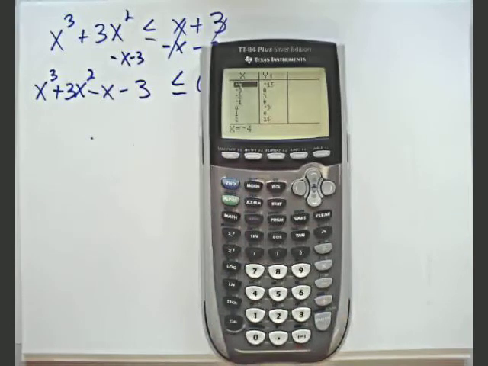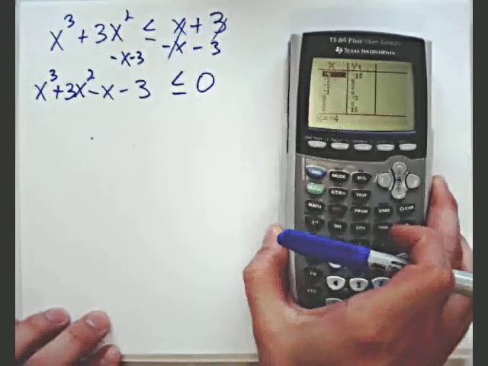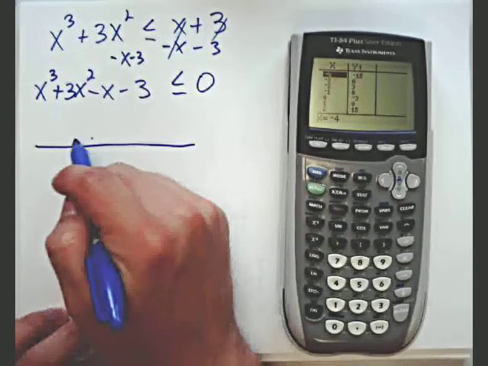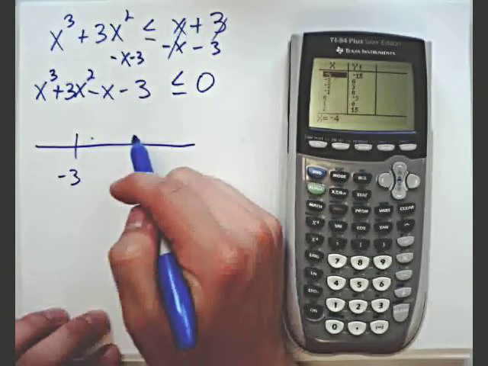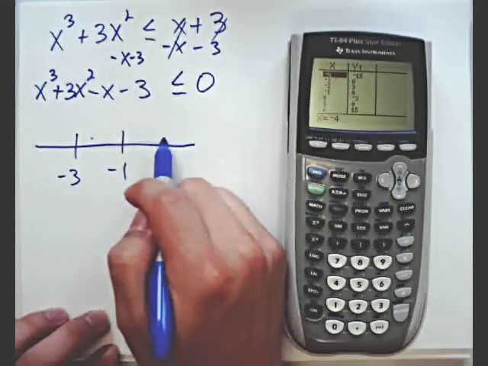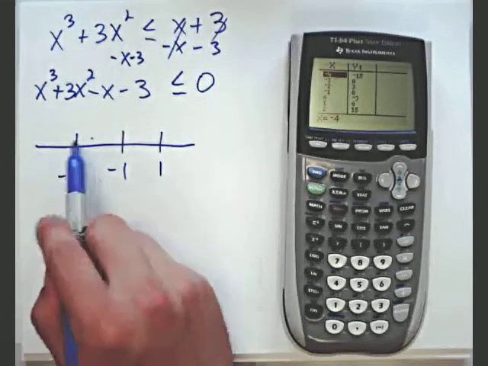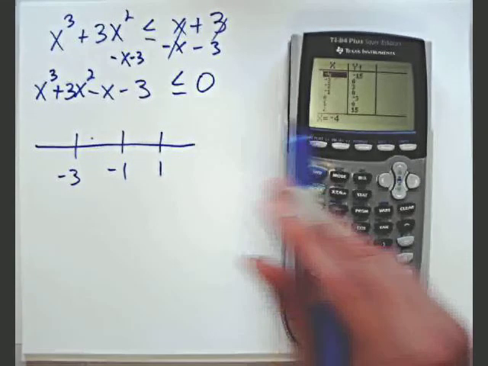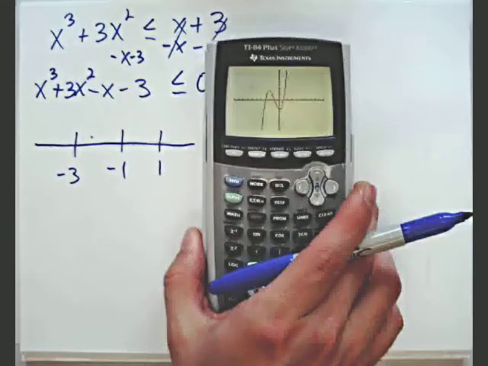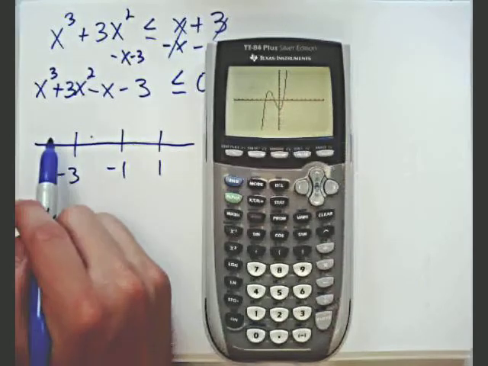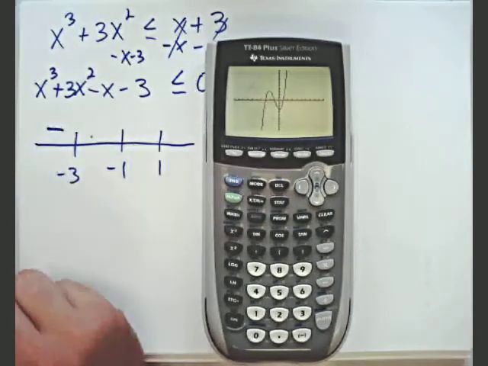So we want to place those values onto our number line: -3, -1, and 1. And this has broken our number line into 4 intervals this time. If we go back to our graph, left of -3, the graph is below the x-axis, so we'll write negative.